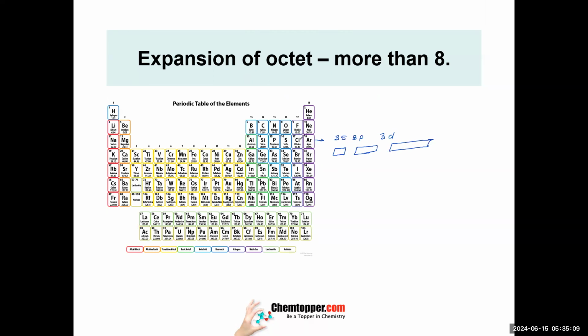For example, let's take chlorine. Chlorine has total valence electrons 7. This is 3s², 3p⁵. Total valence electrons are 7.